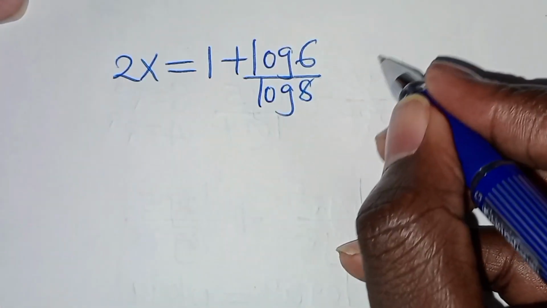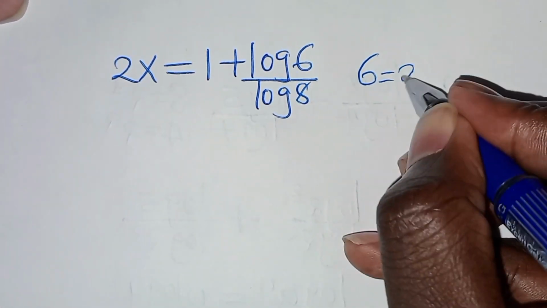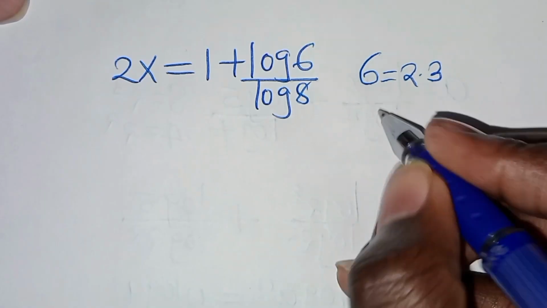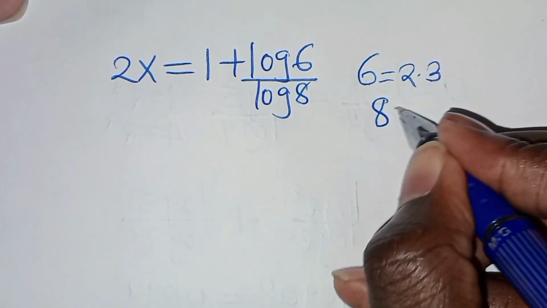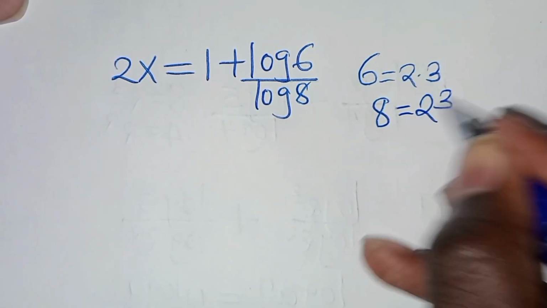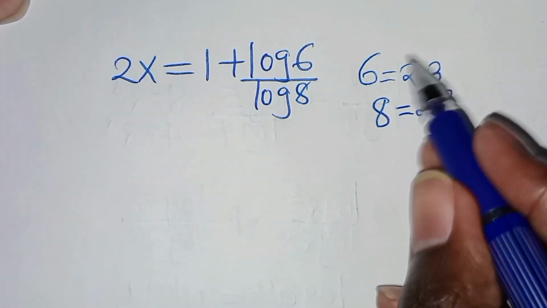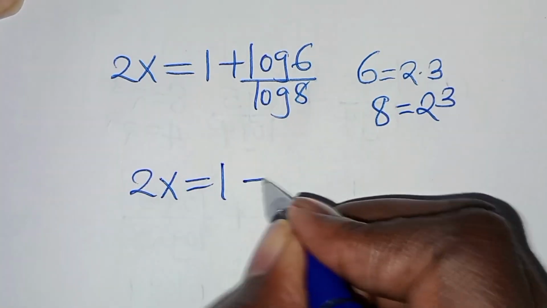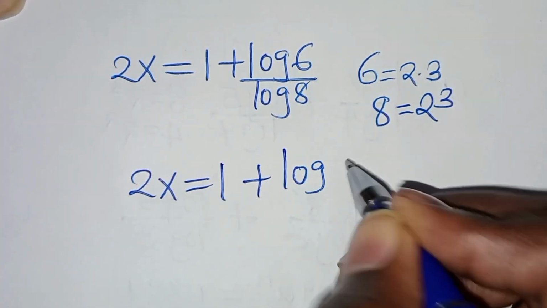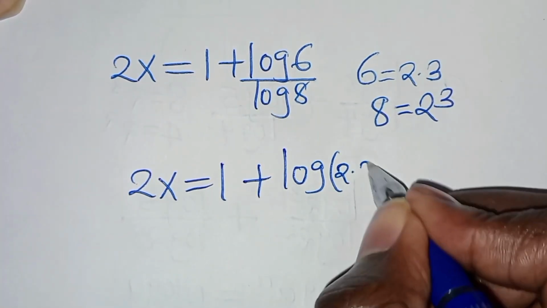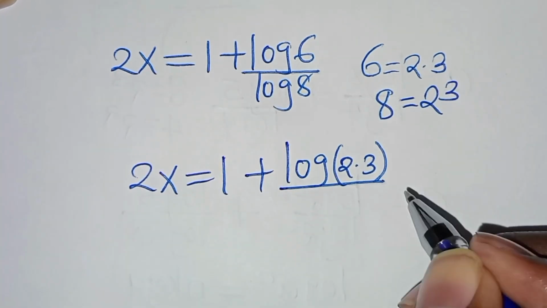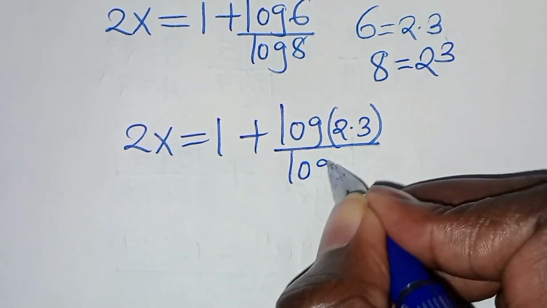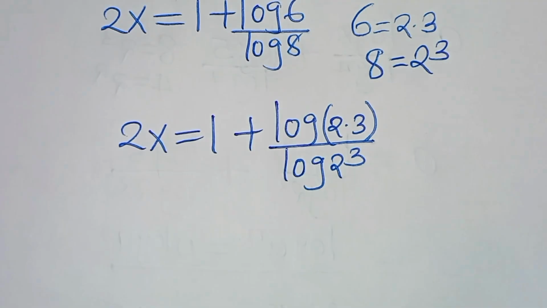From here, we can express 6 as 2 times 3. And we can express 8 as 2 to the power 3. So substituting this, we have 2x is equal to 1 plus log 2 times 3, everything here divided by log 2 to the power 3.